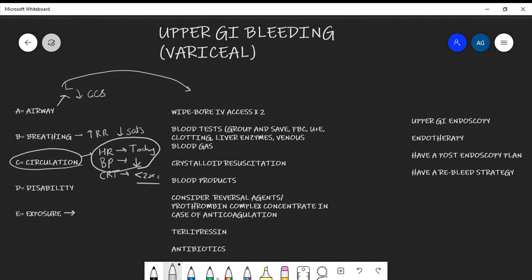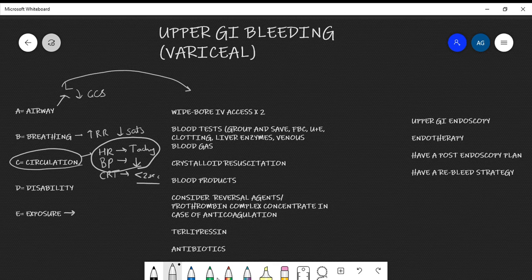So in a few minutes, you'll be able to make an assessment of what the hemoglobin actually is, what the electrolytes are, what the acid base status is. So always get a venous gas if the patient has come through the emergency department, because the other blood tests would take some time, half an hour to an hour, to get back. But the venous gas result you'll have in a few minutes.